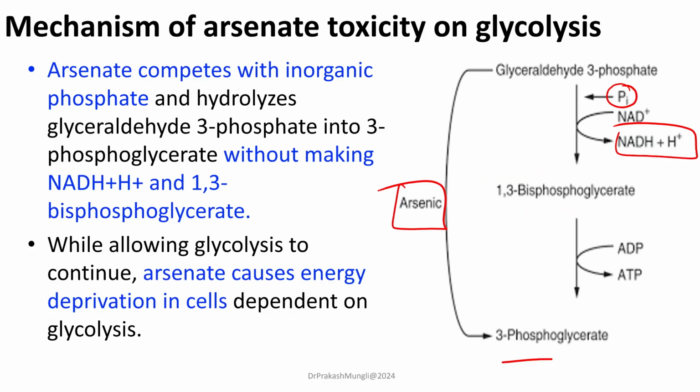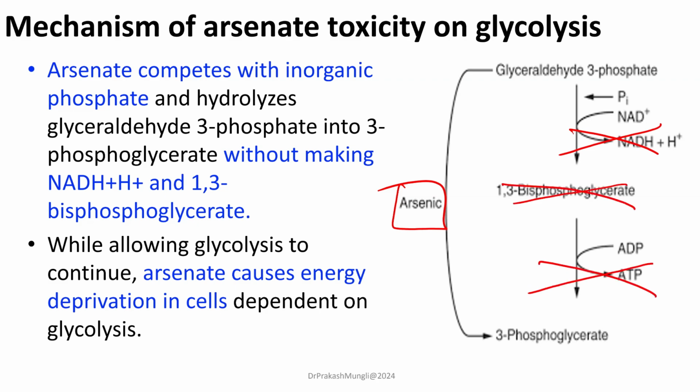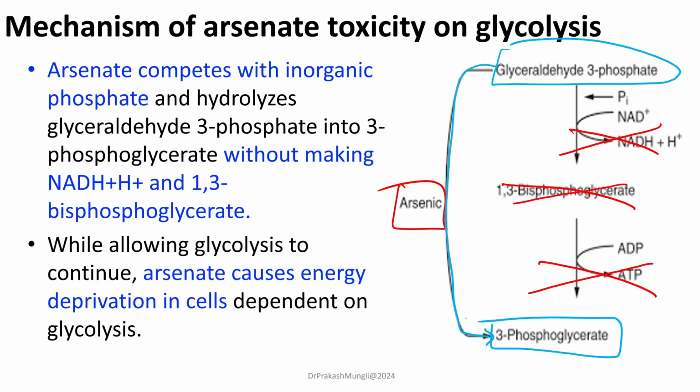So in the presence of arsenate, you don't conduct this reaction, that means you don't make 1,3-bisphosphoglycerate, that means you don't make ATPs. But what happens is, your glyceraldehyde 3-phosphate is directly converted into 3-phosphoglycerate. It is simply bypassing a reaction.